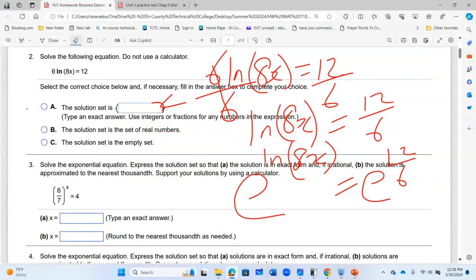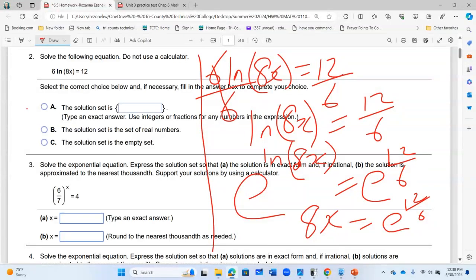So I rewrite: 8x is equal to e to the power 12 over 6. 12 over 6 is 2, so 8x is equal to e squared.